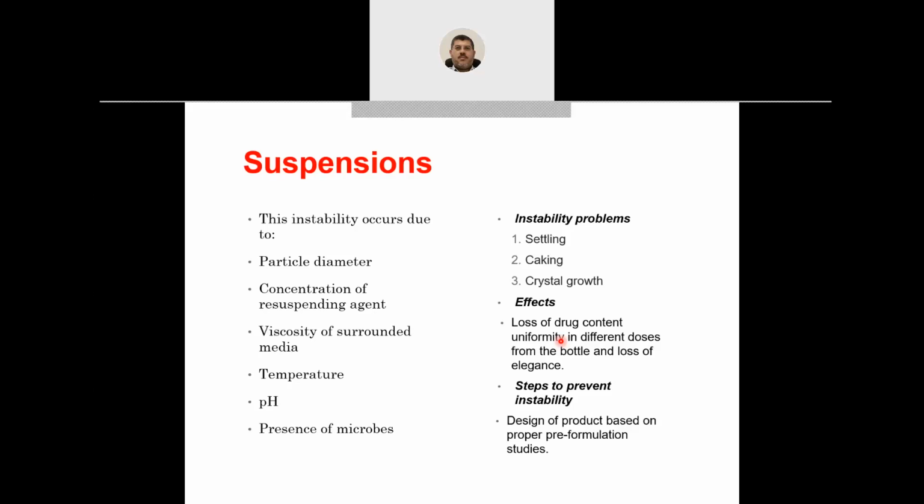Once you shake and uniformly distribute the particles, this 10 ml should have a certain dose, like say 100 milligram of the drug. But if it settles quickly, then you have less than that. And then at the end of the bottle, you will have more concentrated particles. So once you shake and take the dose at the end of the bottle, you are taking higher than required. It contains more active ingredient. So here we don't have uniformity of dosing.